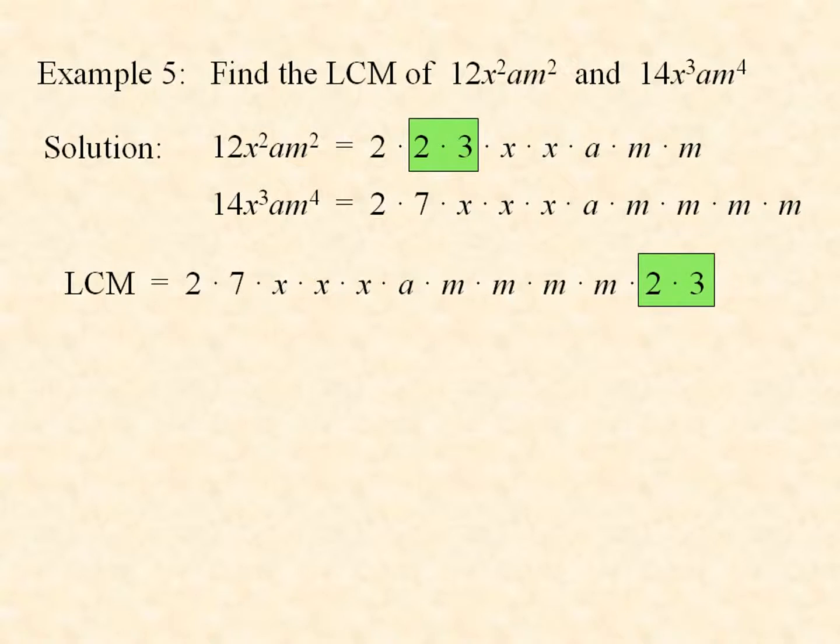And if we count the x's, we have enough x's, we have enough a's, and we have enough m's. So we only need to multiply by 2 times 3 there. Now putting this together, the numbers 2 times 7 and 2 times 3, 14 times 6 multiply to 84. So we have 84x to the third am to the fourth.